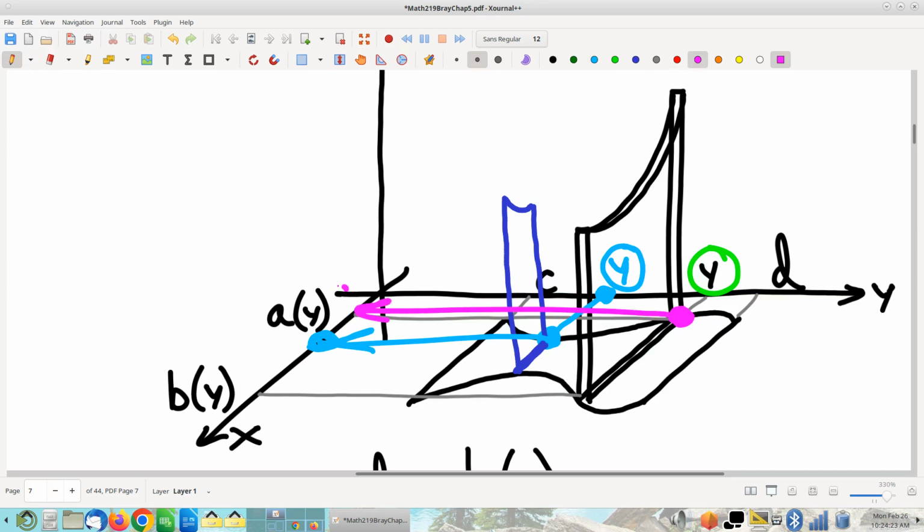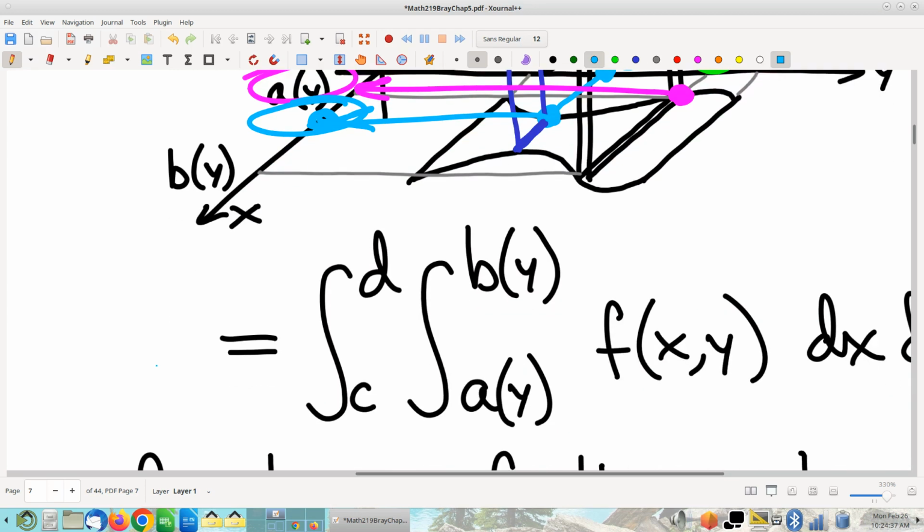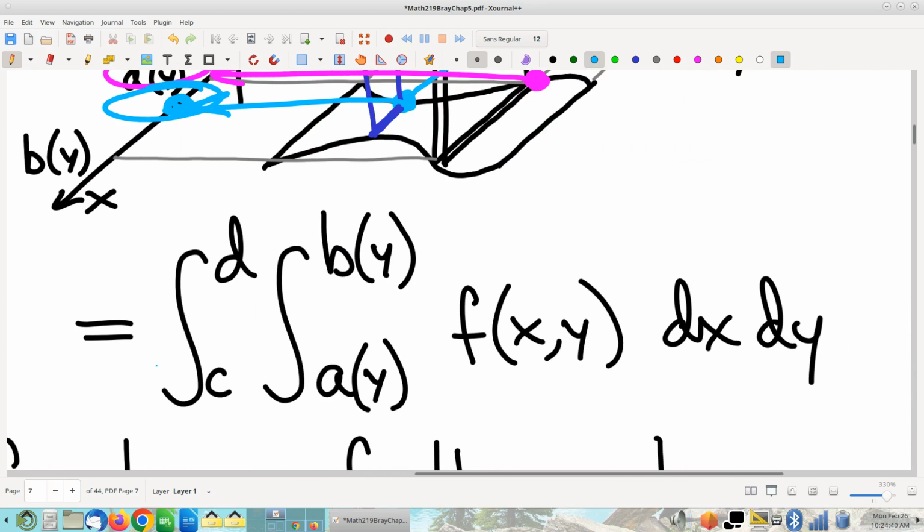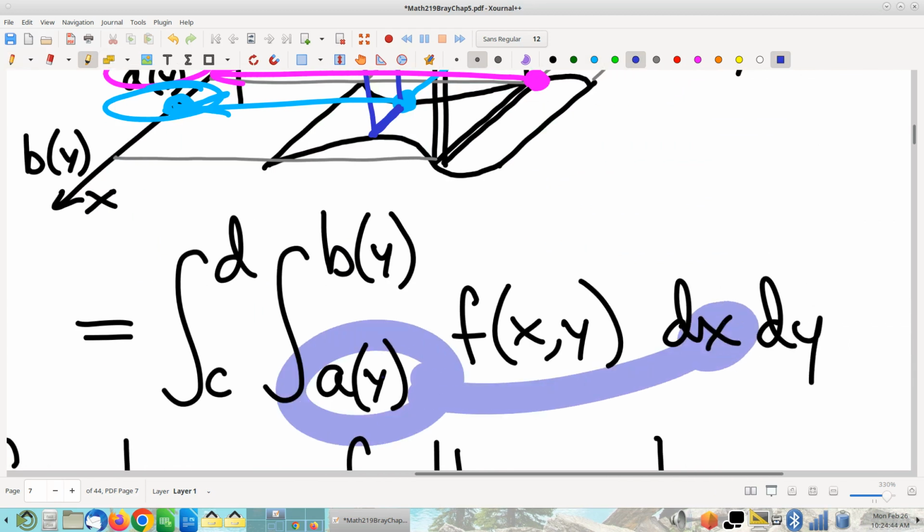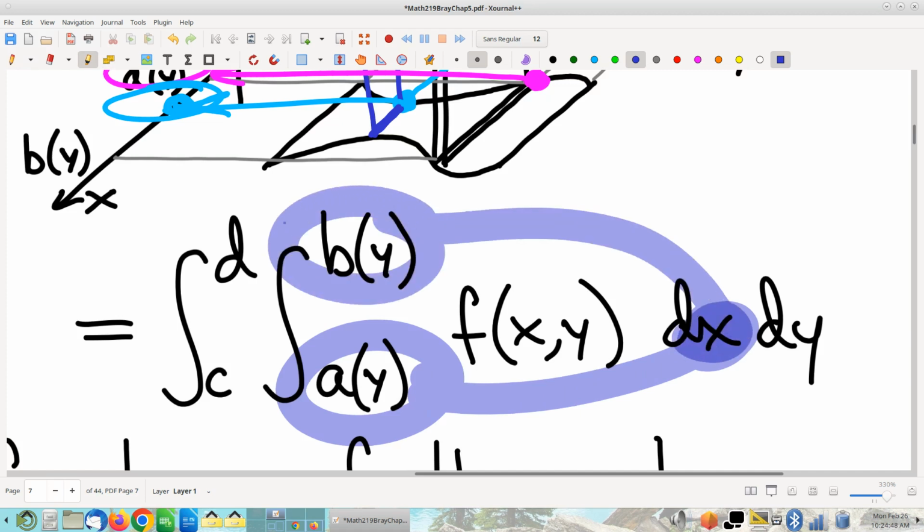That gave us that value of x. This other one gives us that value of x. So different y's give you different x's. Said differently, x is a function of y. Okay, and so you can see that right here in the bounds. Our x bounds now depend on y, aka they're functions of y. That's the only thing it changes. Everything else is the same.